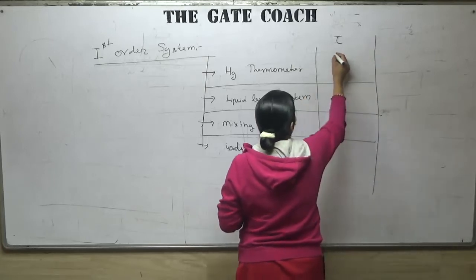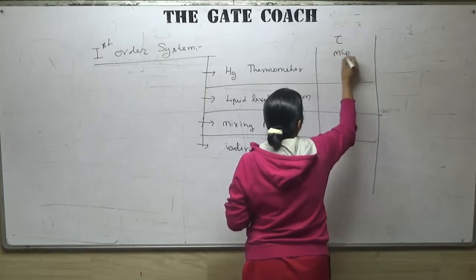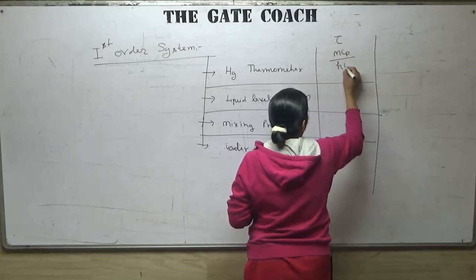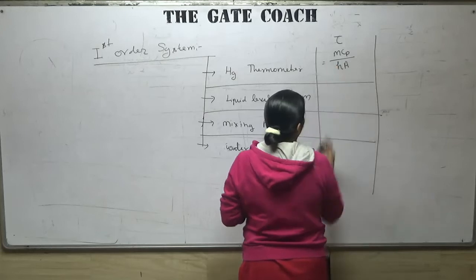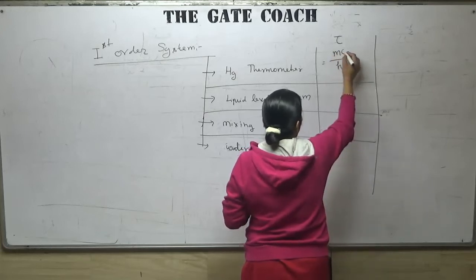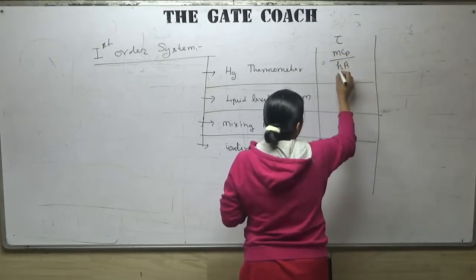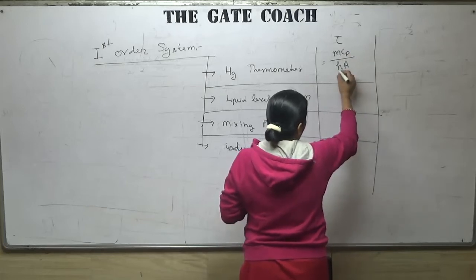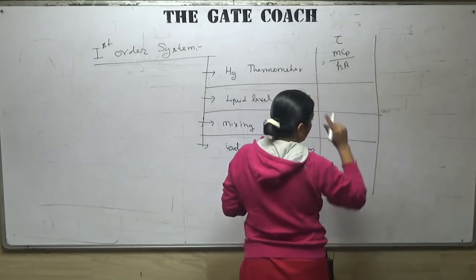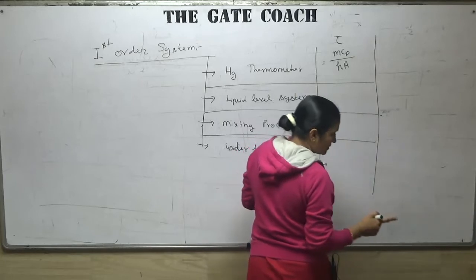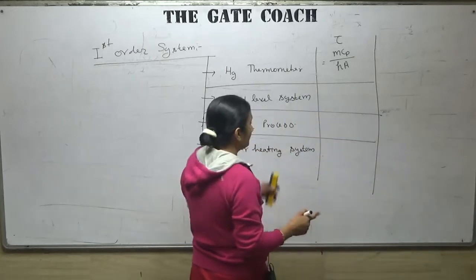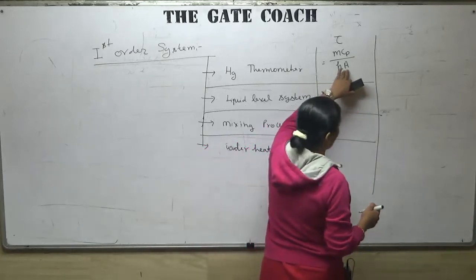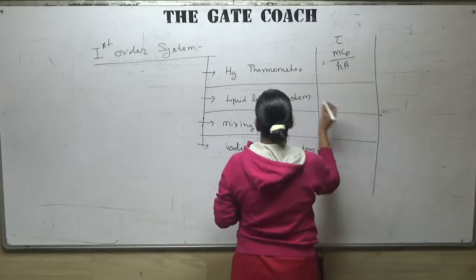For mercury thermometer, tau is mCp upon hA, where we know all the values. m is the mass of the mercury, Cp is the specific heat of the mercury, h is the convection coefficient. Like in case of conduction it is k, in case of convection it is h. A is the contact area of the fluid to the thermometer.